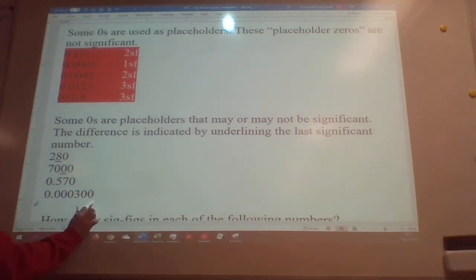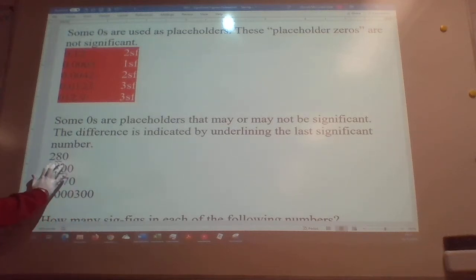These 2 are trailing zeros. Whenever we have a number that contains both significant and insignificant digits, other than leading zeros, we underline the last sig-fig so that we know it is the last sig-fig.